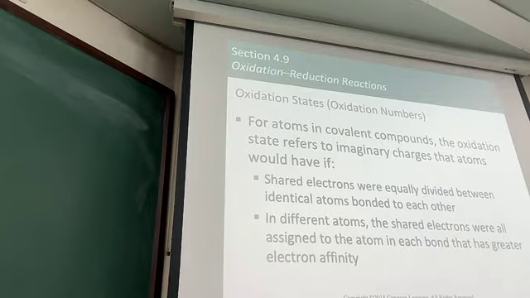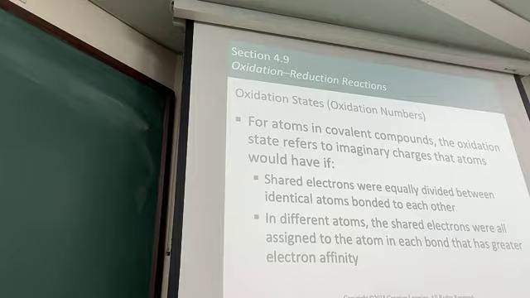So we want some way to quantify how many electrons these atoms have. Because if we can do this, then we can realize that many chemical reactions involve electrons moving from one atom to the other, and that is exactly what we call oxidation and reduction.